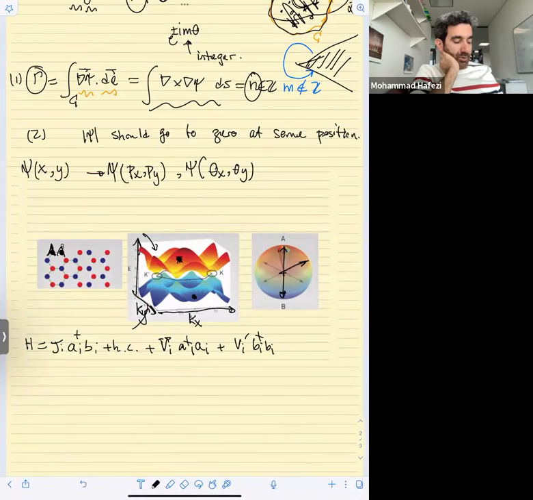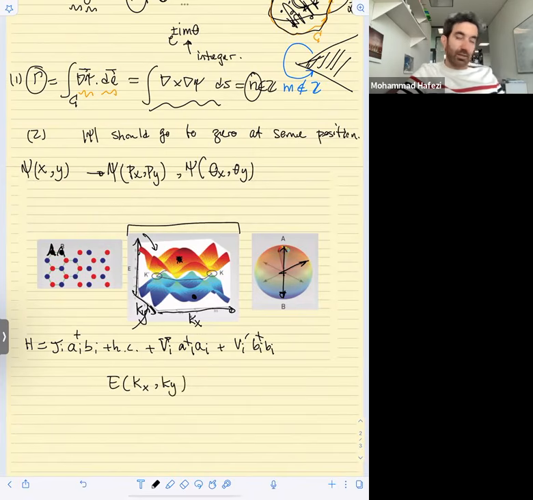Now, most of the physics that we know in photonic crystal can be described by this guy. Basically, how energy or frequency changes as a function of kx and ky, how energy depends on different momenta in the system. So in particular, if the system is gapped, it means that at some value of kx and ky, my E is gapped.